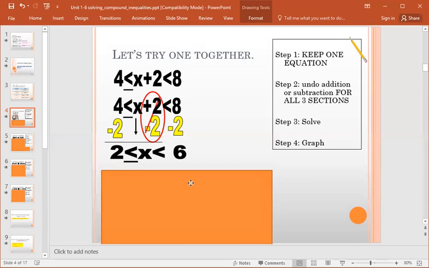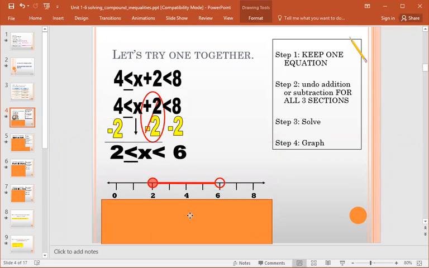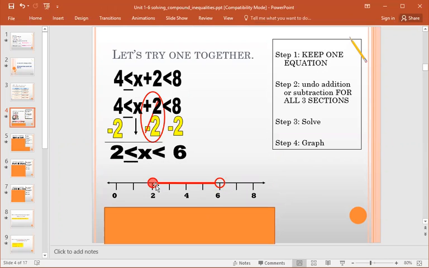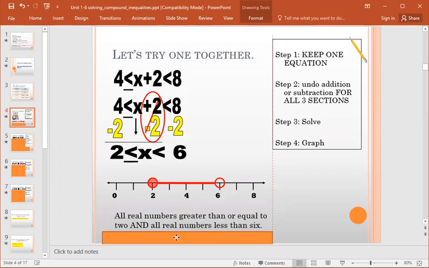Okay, and now we will want to graph that. So here on our graph, you would see that 2 is a solid circle because of the equal bar, 6 is the open circle, and the x is in the middle between 2 and 6, and that is where we shaded. So this represents all real numbers greater than or equal to 2 and all real numbers less than 6.